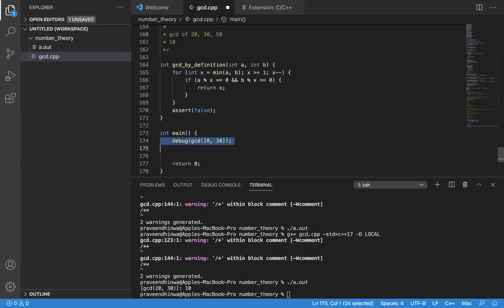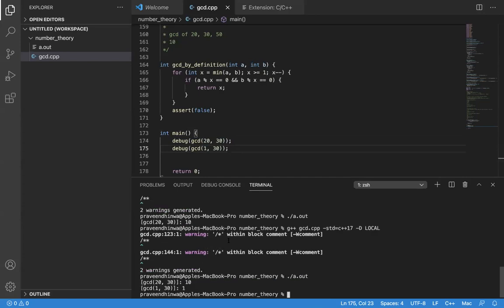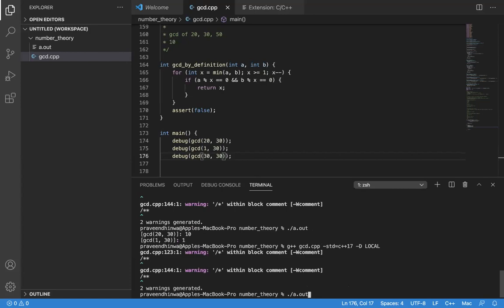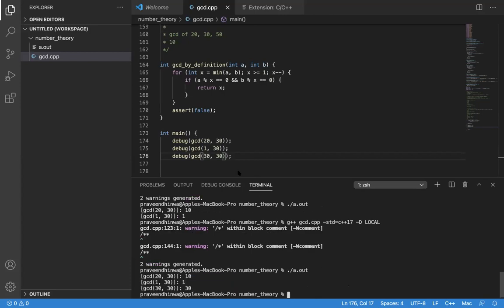GCD of 1 comma 30 should be 1. Let's see if that works. You can also try GCD of 30 comma 30, which is 30. You can try some other cases.